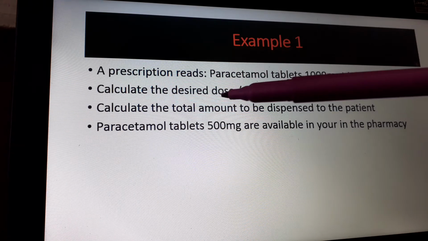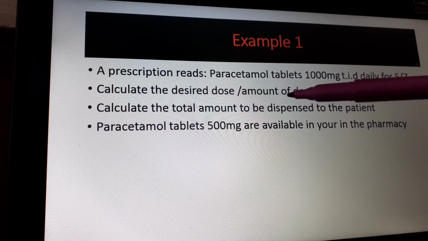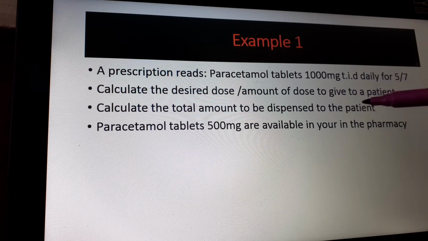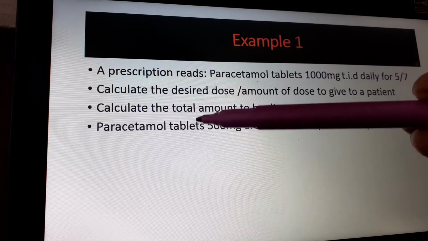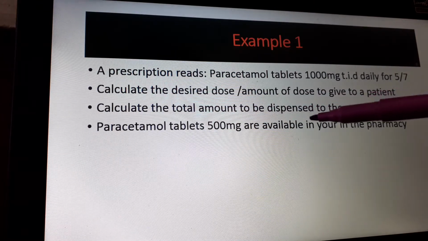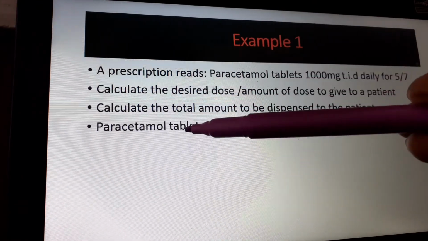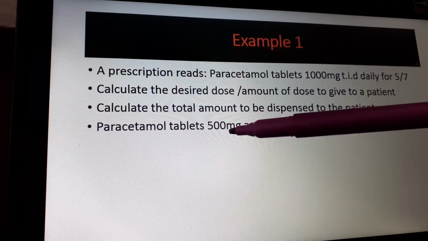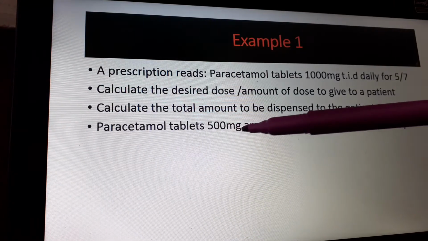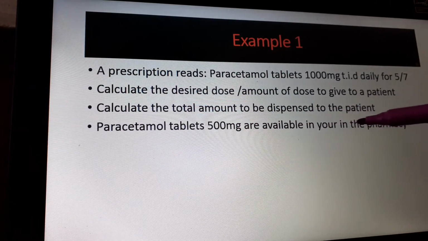Now you have to calculate the desired dose or amount of dose to be given to a patient, and calculate the total amount to be dispensed to the patient. Paracetamol tablets of 500 milligram are available in your pharmacy.